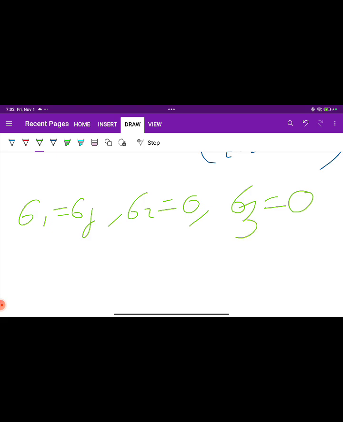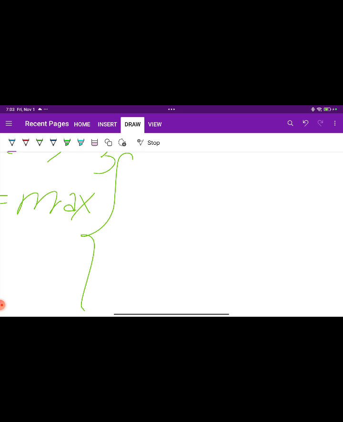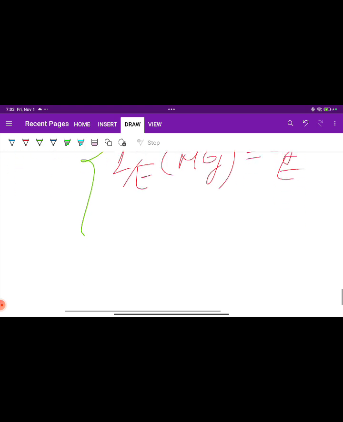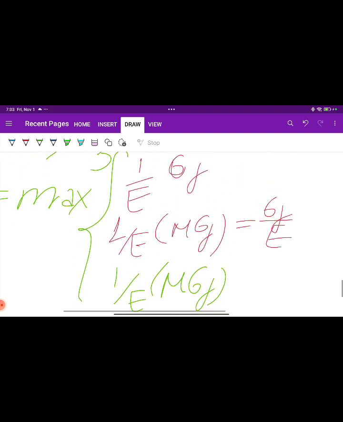So at the time of the failure, the general formula that we need to remember is quite similar: max sigma at the time of the failure will be equal to the max of 3: 1 upon E sigma f, or 1 upon E mu sigma f, which is equal to stress at failure upon modulus, or you can say 1 upon E mu sigma of failure. From the maximum of these 3 we take 1.